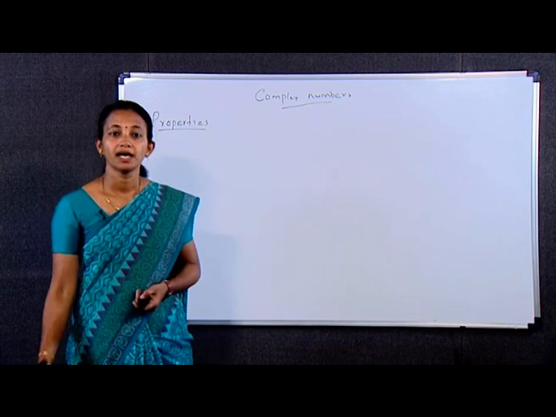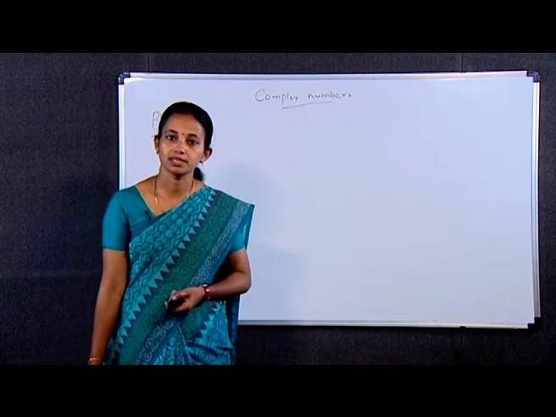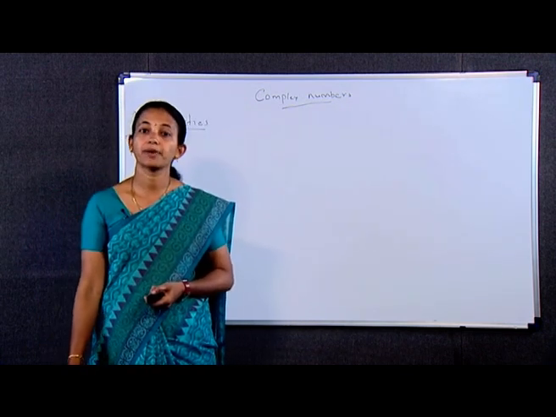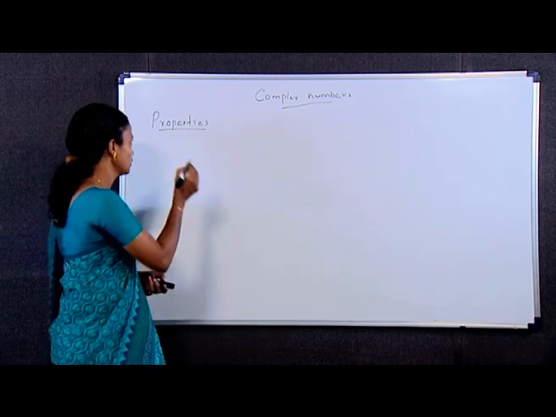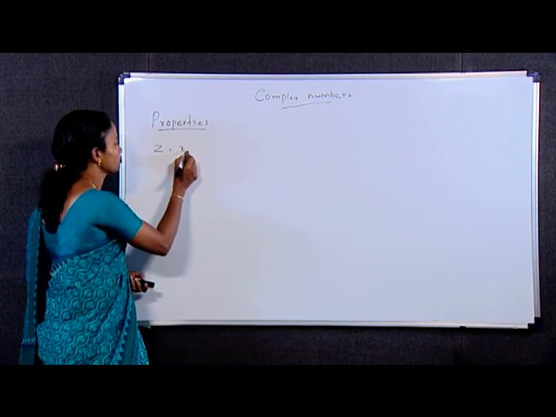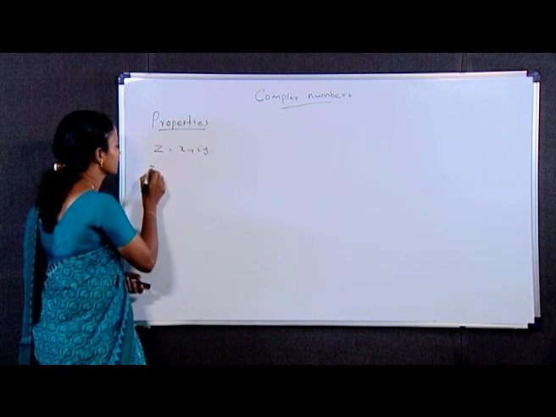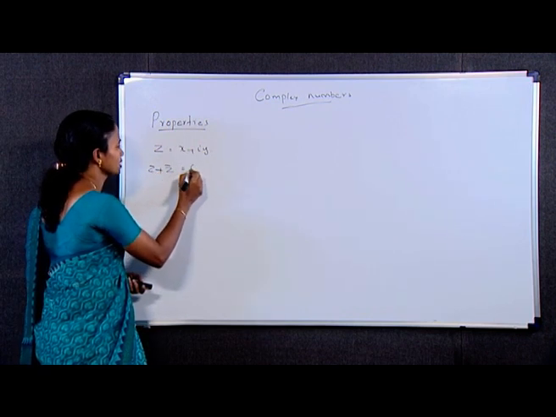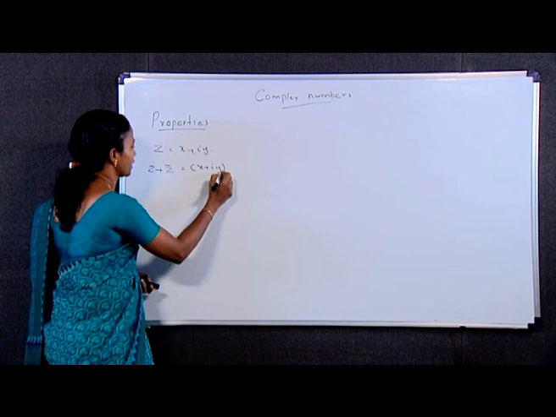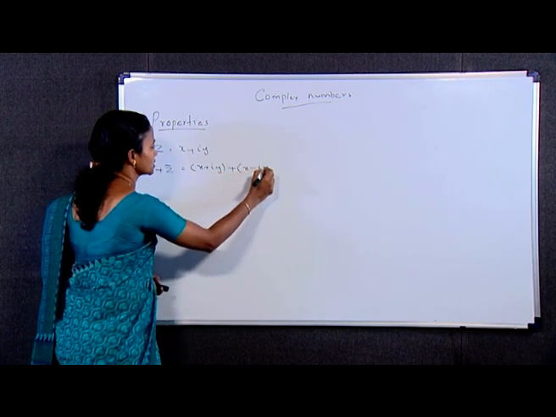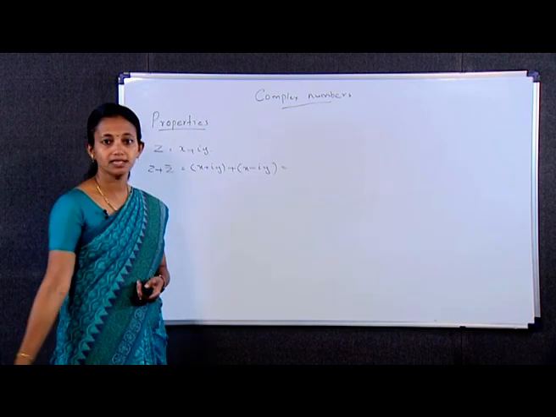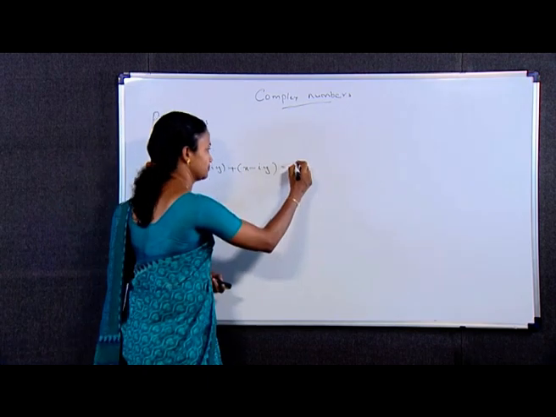Properties. First one: let z = x + iy. Then z + z bar = x + iy + x - iy, which is equal to 2x.